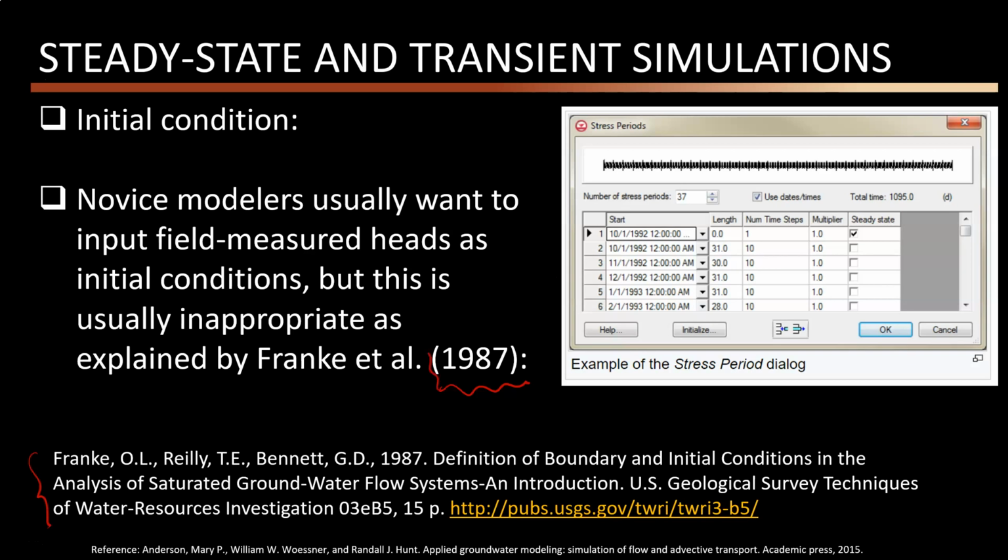It's a very interesting and classic paper in applied groundwater modeling, and you see why it is better to do this. Usually novice modelers want to use their own initial condition, but it is not practical, which is explained here. Not always, but usually it is not practical.